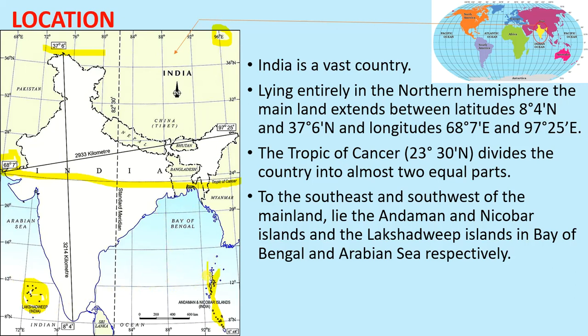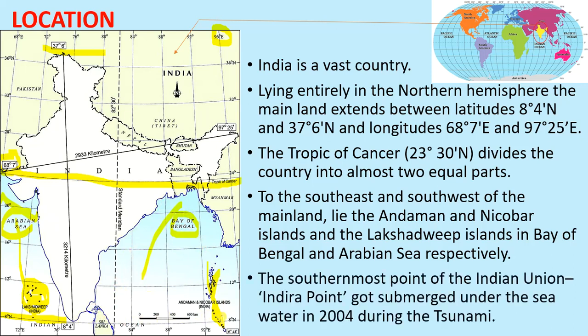Andaman and Nicobar is lying in the Bay of Bengal, and Lakshadweep is lying in the Arabian Sea. This complete region up to here is referred to as the Arabian Sea, and this complete region is referred to as the Bay of Bengal. The southernmost point of the Indian Union will be in the Andaman and Nicobar.